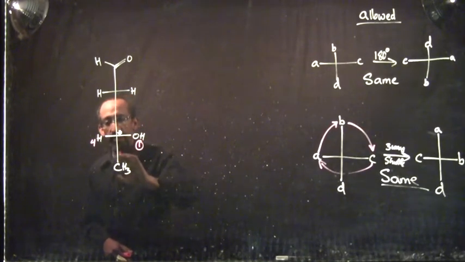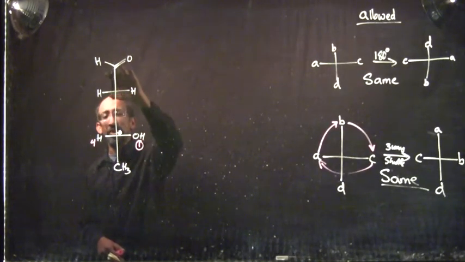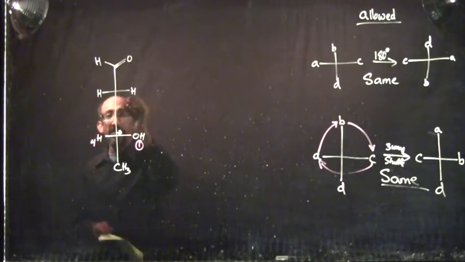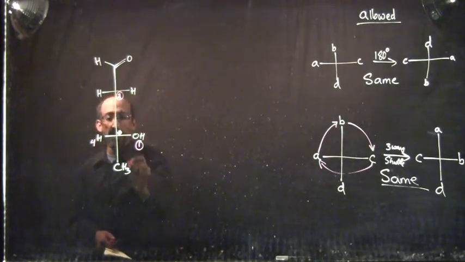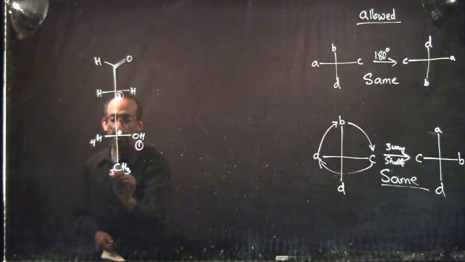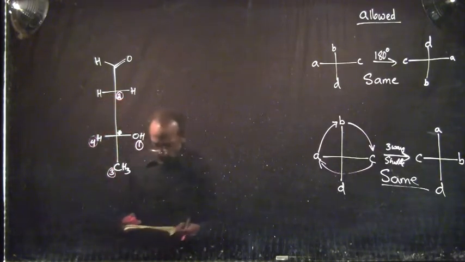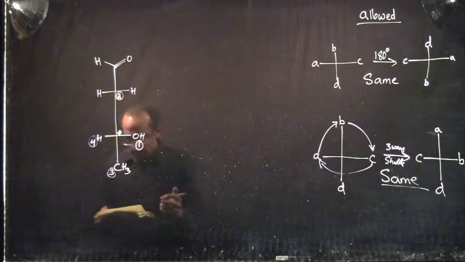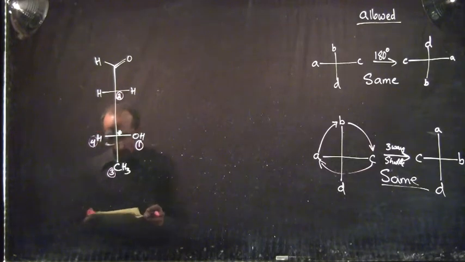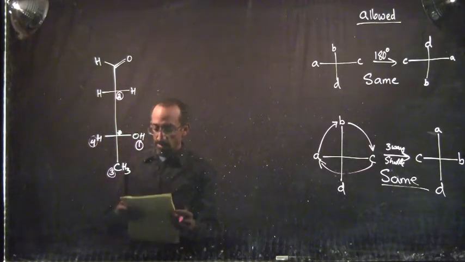And if I compare this carbon group versus this group, I'm going to see that my group up here actually has higher priority, which puts the methyl at priority 3. So now, what I'd like to do is assign that stereochemistry.